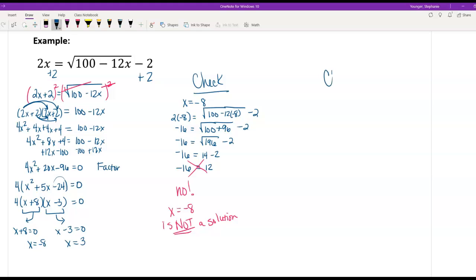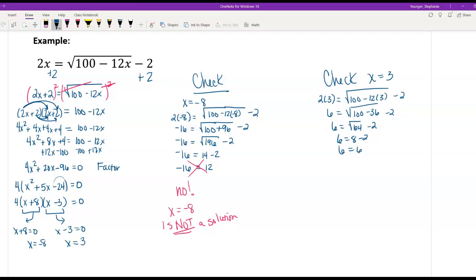All right, so now we're going to check x equals 3. So I have 2 times 3 equals the square root of 100 minus 12 times 3, minus 2. 6 equals the square root of 100 minus 36, minus 2. 6 equals the square root of 64 minus 2. 6 equals 8 minus 2. 6 equals 6.